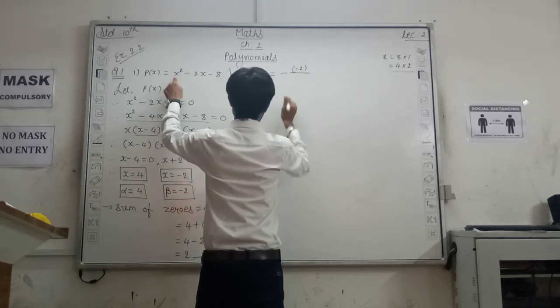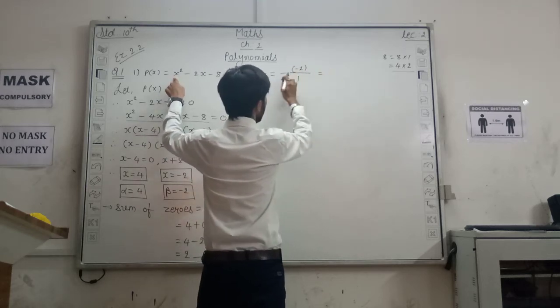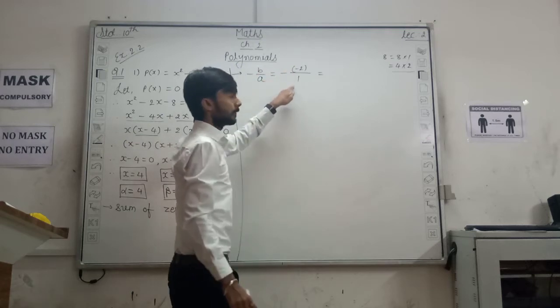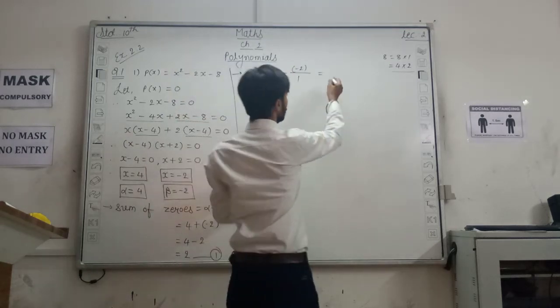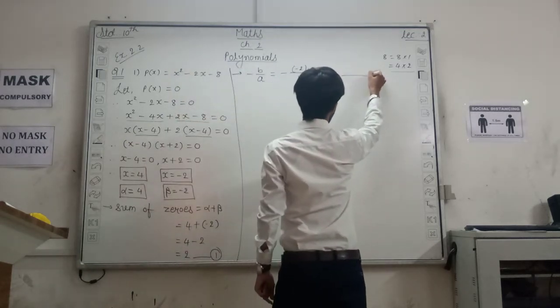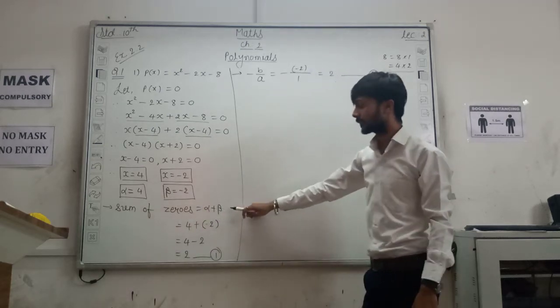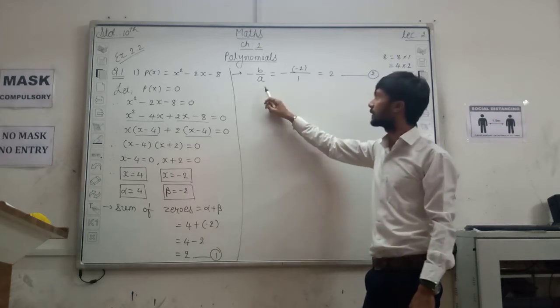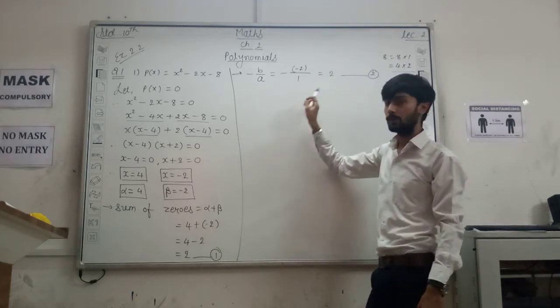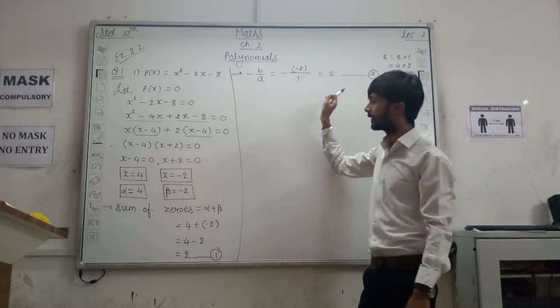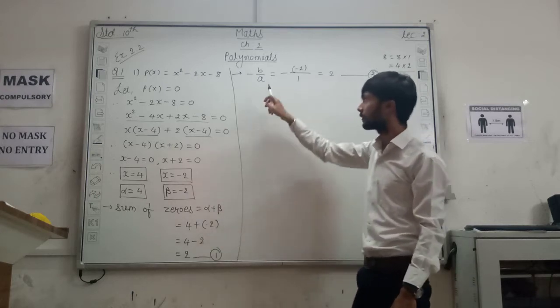What is a? 1. Minus minus is plus, so 2 upon 1, that is 2. Give it number 2. Now see, the sum of zeros, alpha plus beta, is 2 and minus b upon a is also 2. So from 1 and 2 we can say that alpha plus beta equals minus b upon a.